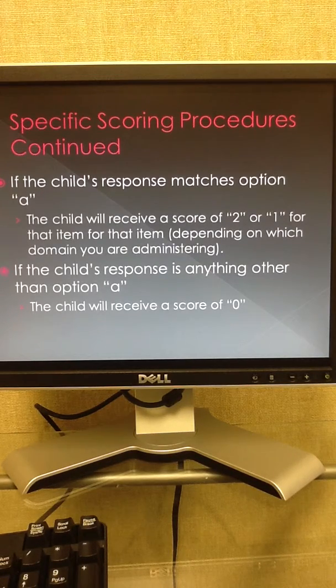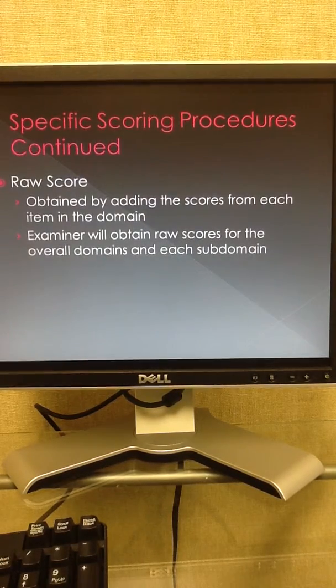And if they say anything other than the option listed under A, then they will receive a score of 0. The raw score is obtained by adding the scores from each item in the domain, and raw scores will be obtained both from the overall domains and from each subdomain.